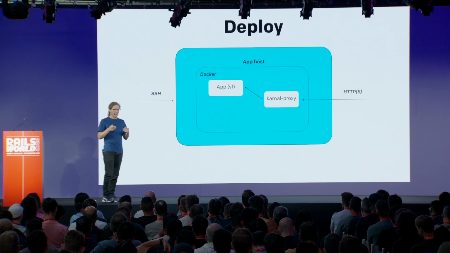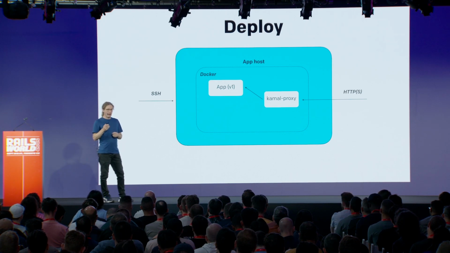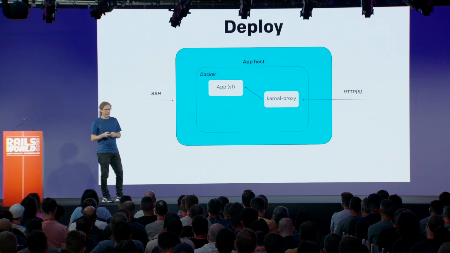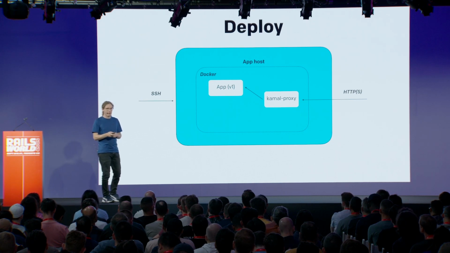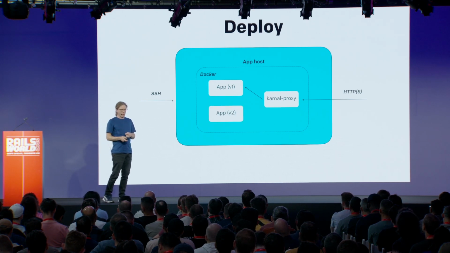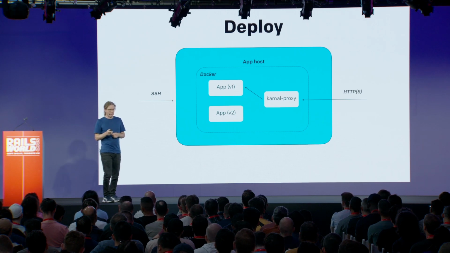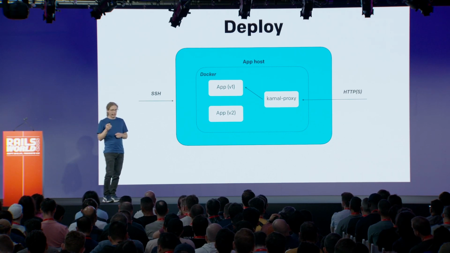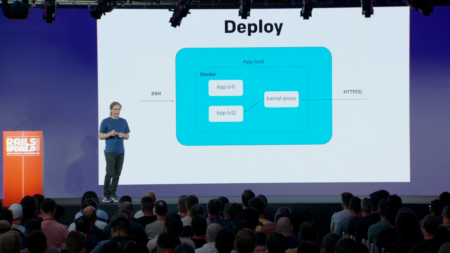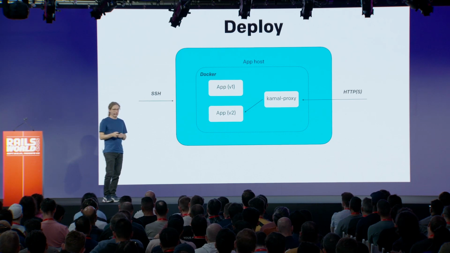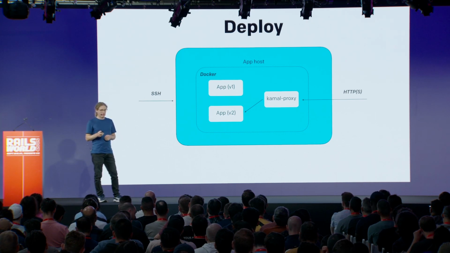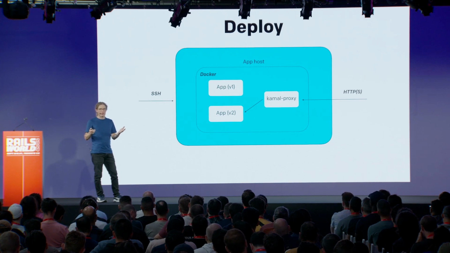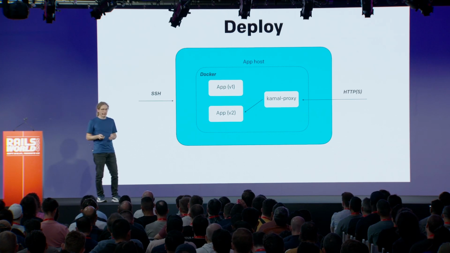So we've now got the second version of our application sitting on our application host. And this is where we left things off after our last deployment. So we'll just boot up a container running the second version of the application, and then we'll tell Kamal Proxy, please send the traffic over there. And we're done. So that's the simple version of how it works.